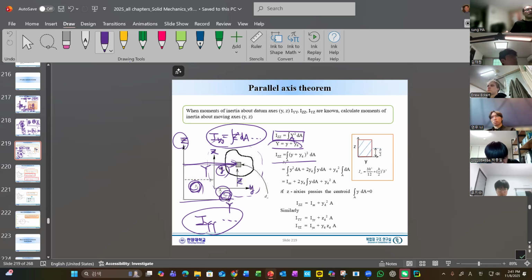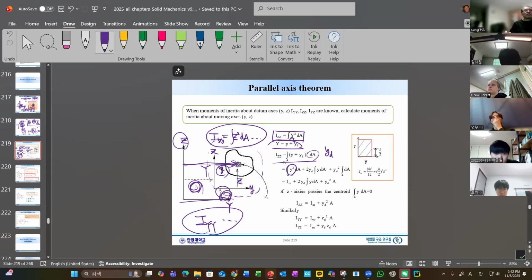And then we can simply integrate: we have a y squared term, then here y times yd, and the second one is a yd squared term. Now the point is that yd is a constant regardless of the y and this dA.